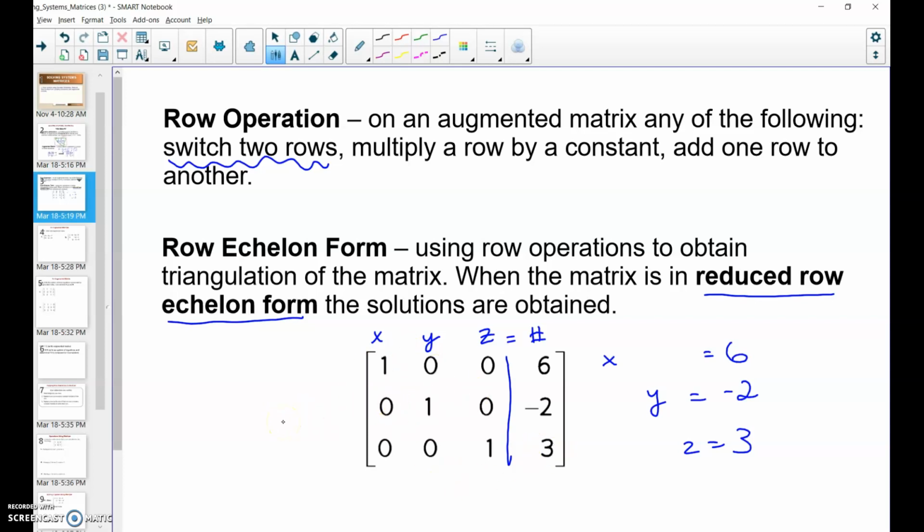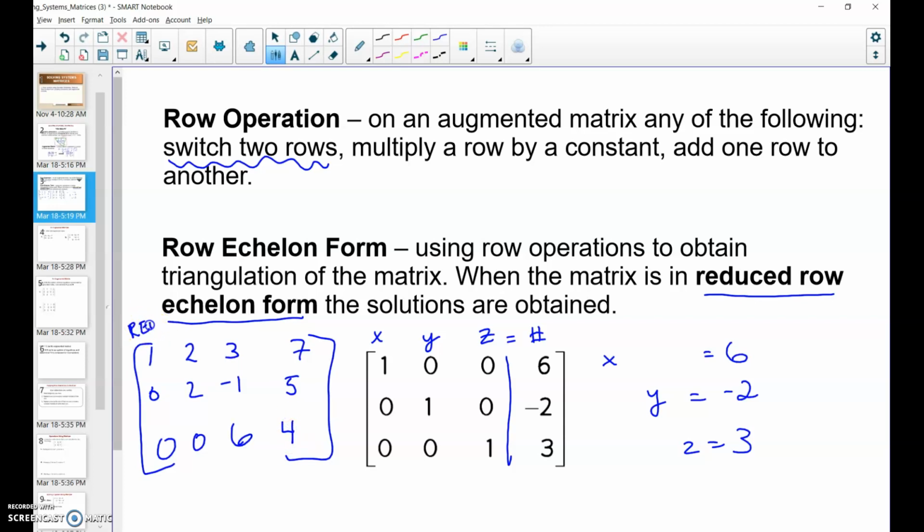Okay, row echelon form would just be, let's say we had 1, 2, 3, okay, so this would be row echelon form, and this one here would be reduced row echelon form.